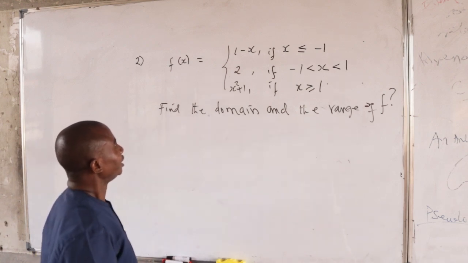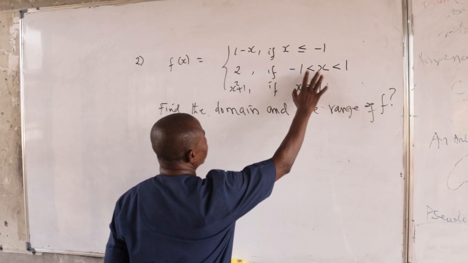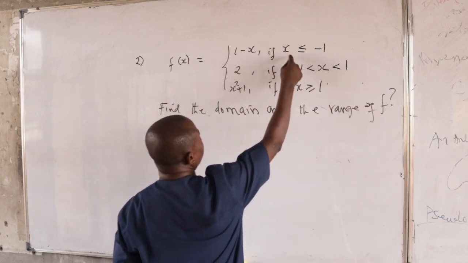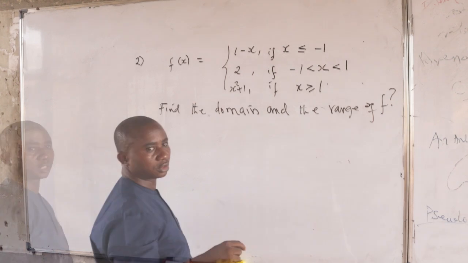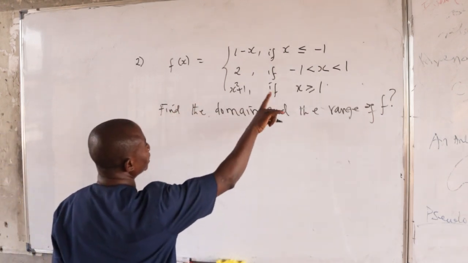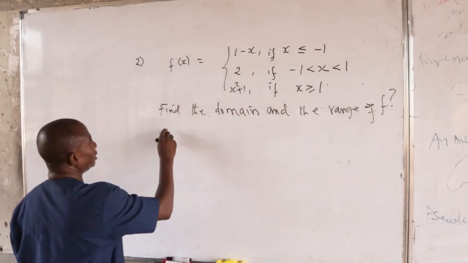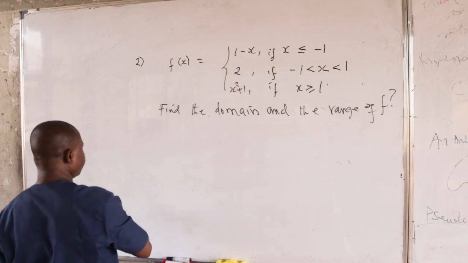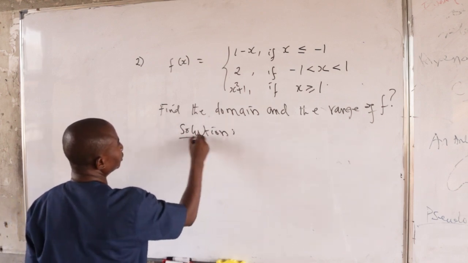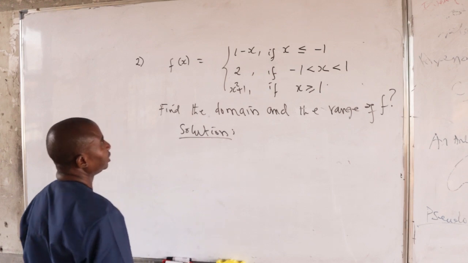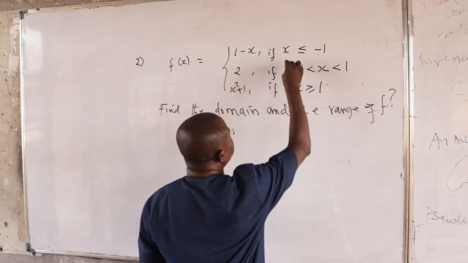If you look at the way this function is defined, we define it piecewise. So a function defined this way is called a piecewise function. To get the solution, first we try to locate the domain. So we need to consider the different pieces.